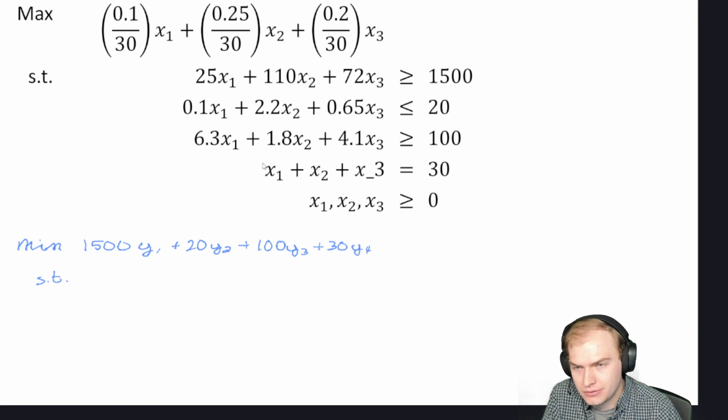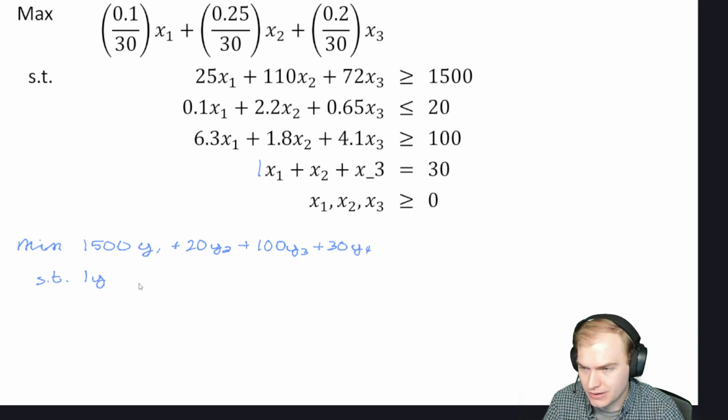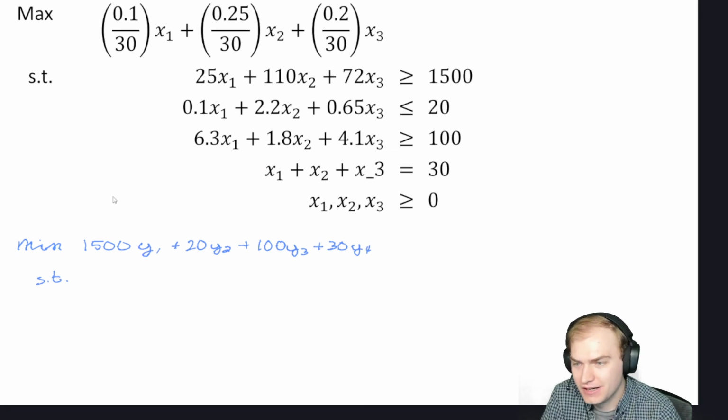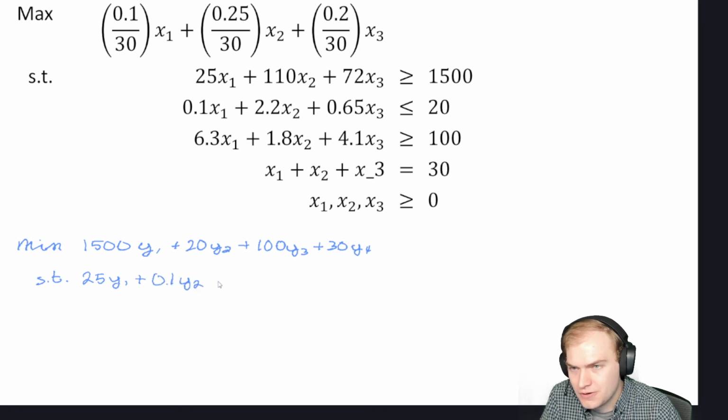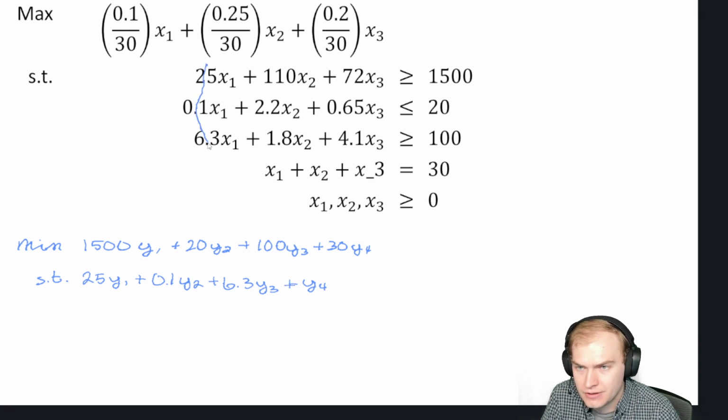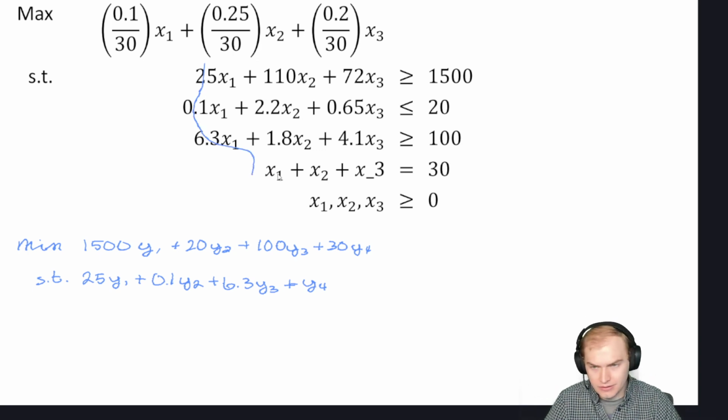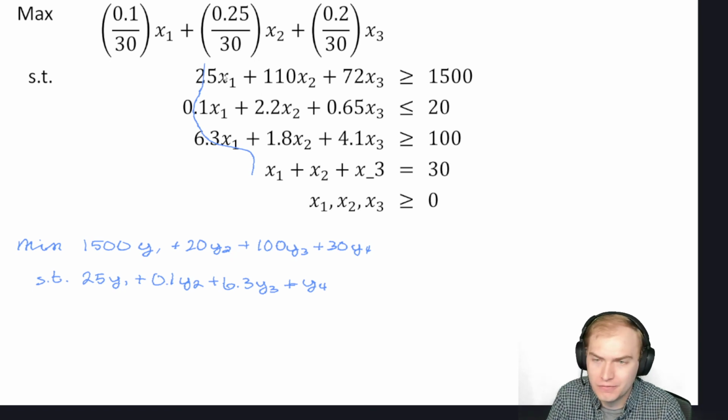So we have 1 y1, or that's actually y4. I'm doing it backwards. 25 y1 plus 0.1 y2 plus 6.3 y3 plus y4. So that was this column of coefficients swapped into a row, its own constraint.